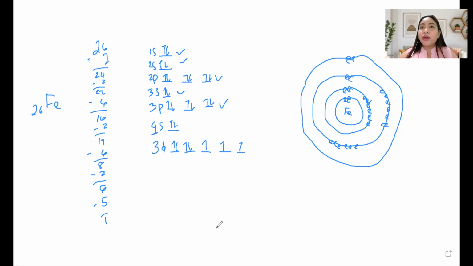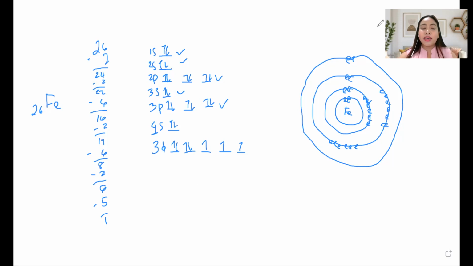Even if I discourage you from following the electronic configuration of the periodic table, because that already follows the half-filled stability and full-filled stability, which we will not discuss at this point because that is for higher chemistry, our Chem 2, we will just have the basic. Do not copy again from the periodic table.